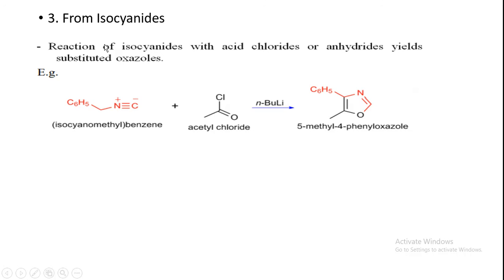Next, from isocyanide. The reaction of isocyanide with acid chloride or acid anhydride yields a substituted oxazole.